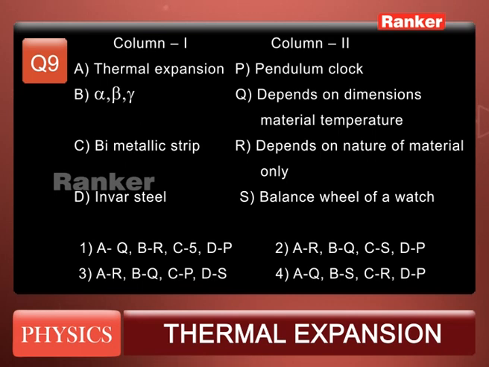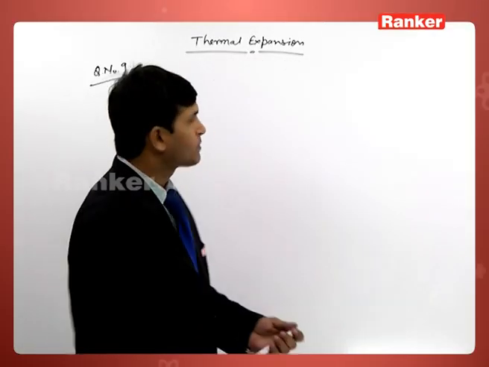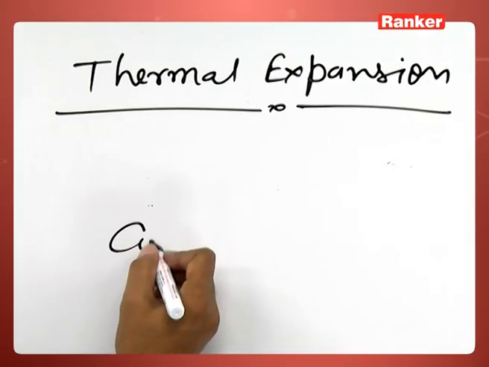In column number 2, P is pendulum clock, Q is depends on dimension, material, temperature, R is depends on nature of material only, and S is balance wheel of a watch.